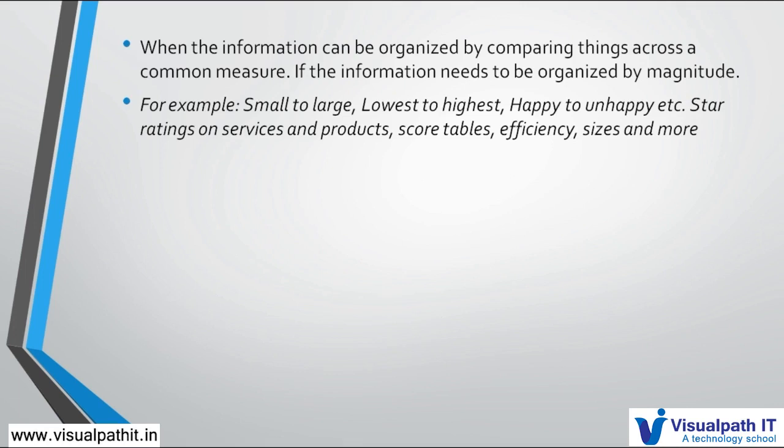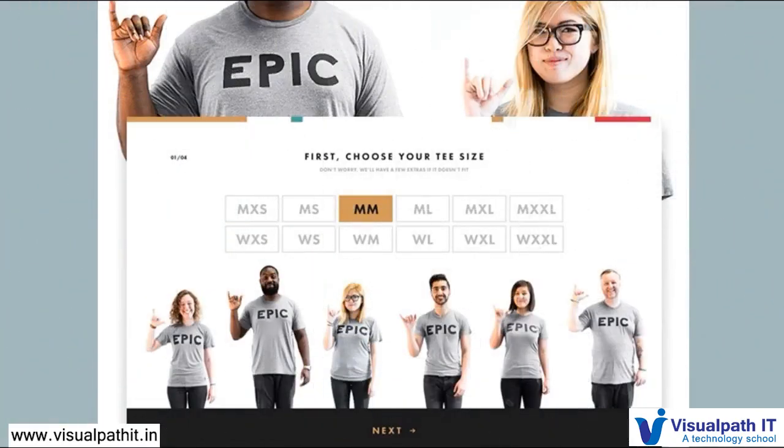Star ratings on services and products, score tables, efficiency, size, and more. For example, take a look. Like we keep this size wise, right? If there is a t-shirt, then we keep male or female, a size, first we choose a size, a pattern, then we put them into multiple categories.